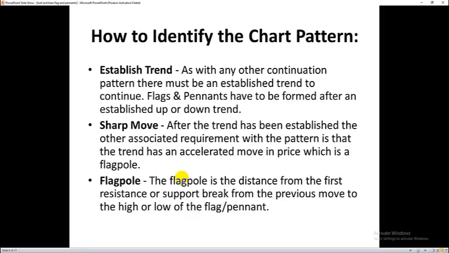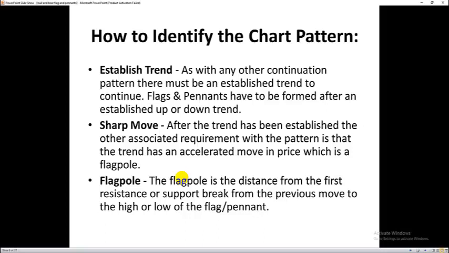If it is a bearish trend and you see a flag or a pennant forming, you don't expect it to break up, unless that is the bottom of that move. That's why I say use other tools to determine whether this is actually the correct flag or pennant that you want to trade.